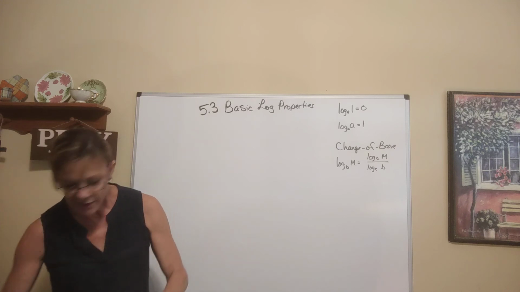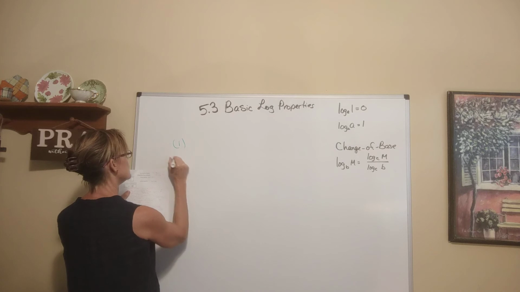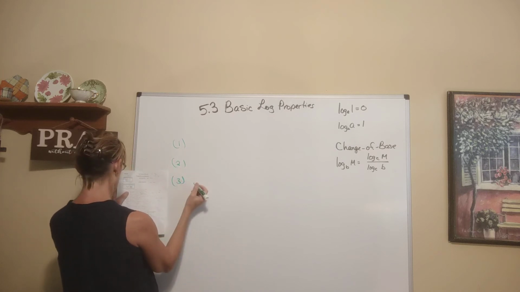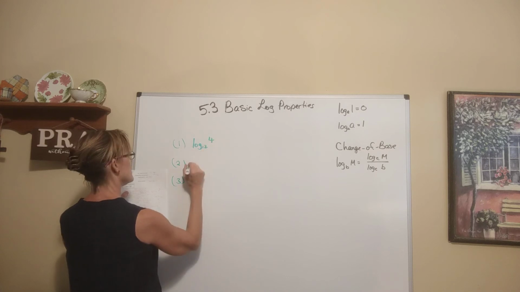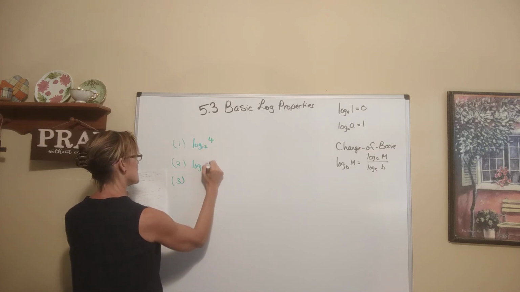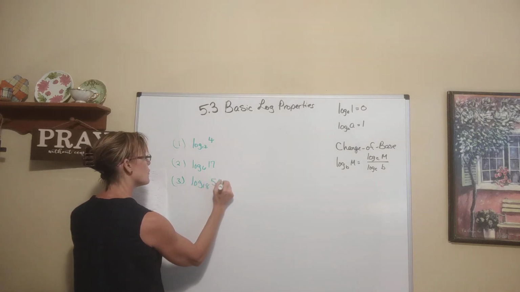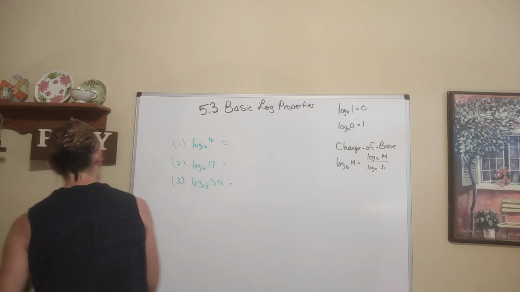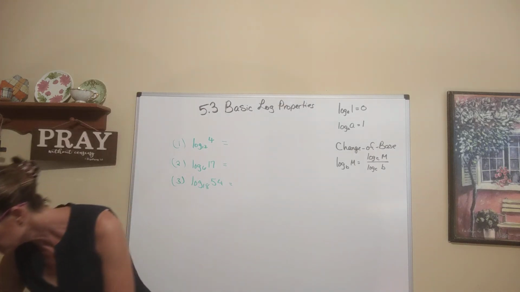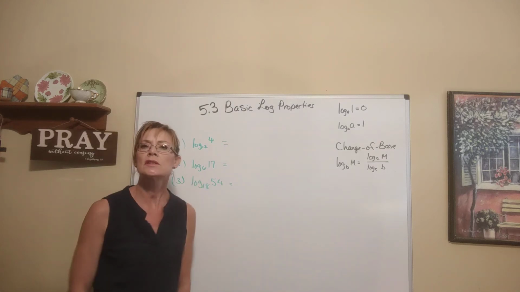If we have to evaluate 1, 2, and 3 using the change of base formula: log base 12 of 4, log base 6 of 17, log base 18 of 54, I'm going to rewrite this. Because I've got a teacher who's not going to let me use all the buttons on my calculator, I have to use this formula.